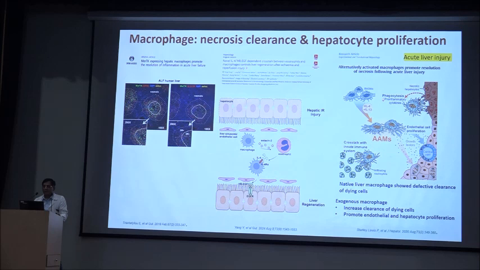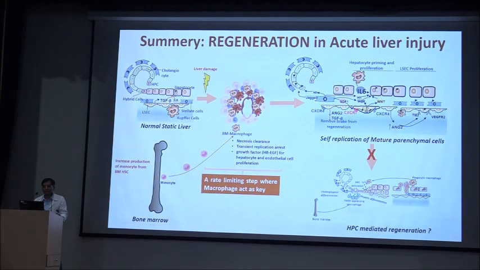Not only this, the experiment using exogenous transplantation in ALF clearly shows that in normal acute liver injury, the native liver macrophages show a defect in the clearance of dying cells. However, if you infuse healthy macrophages, that leads to increased clearance of dying cells as well as promotes hepatocyte proliferation.